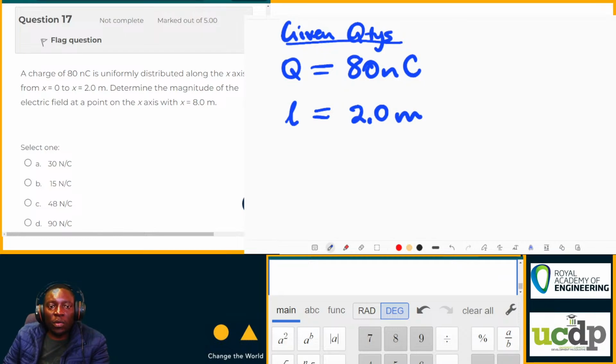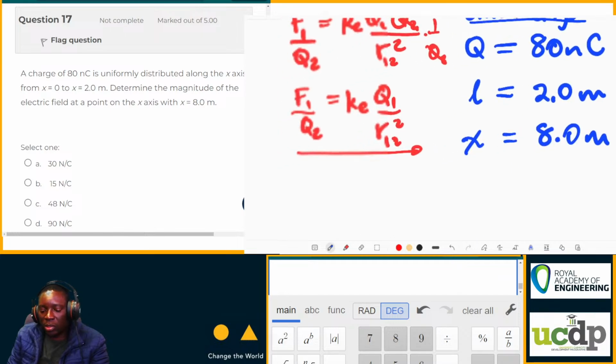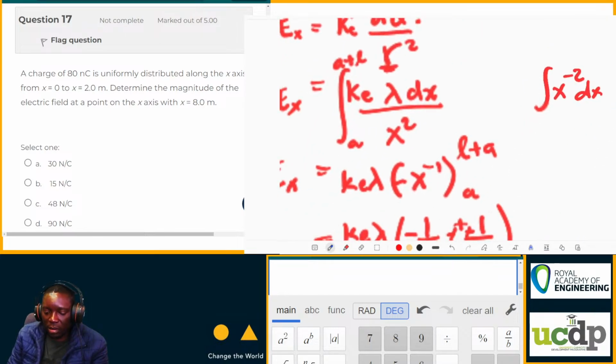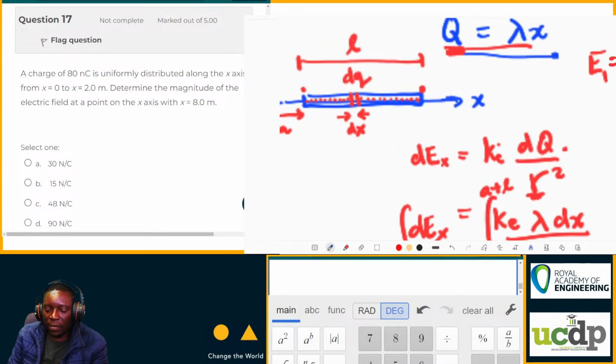And now we want to measure the electric field at a point on the x-axis when x is 8 meters. So in this case, the point of measurement is x equals 8.0 meters. But according to our derivation here, where is the diagram?